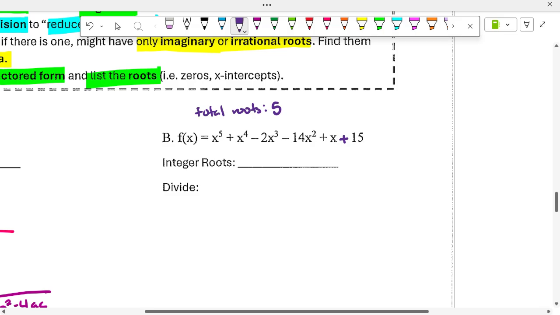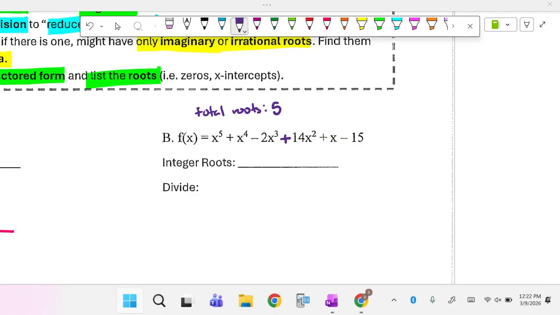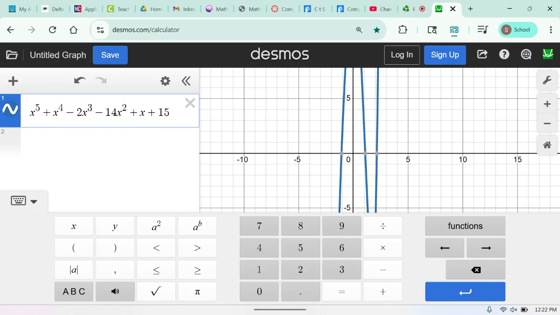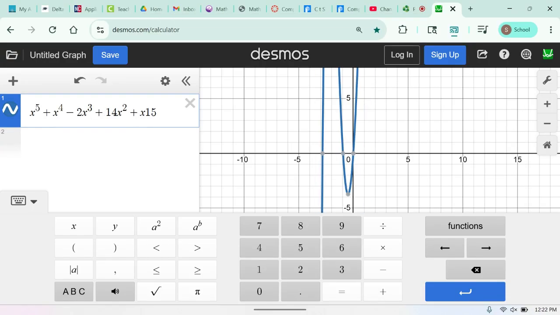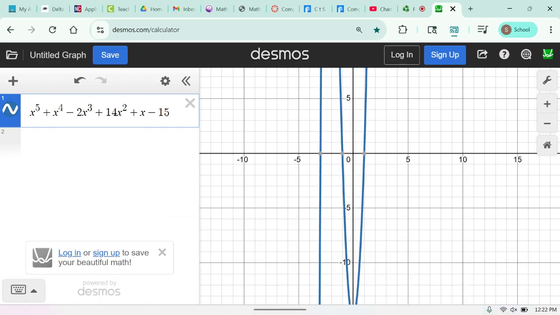So the 15 should still be negative. My bad. So it should be x to the 5th plus x to the 4th minus 2x cubed plus 14x squared plus x minus 15.